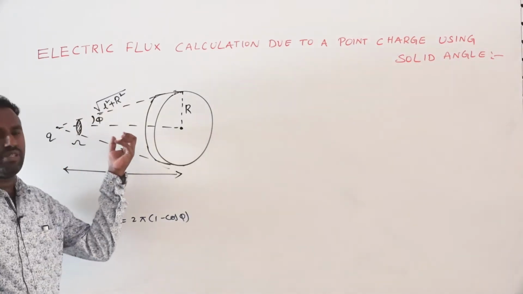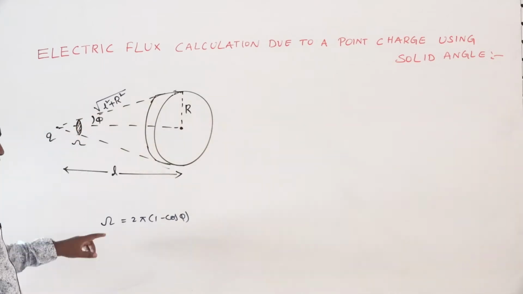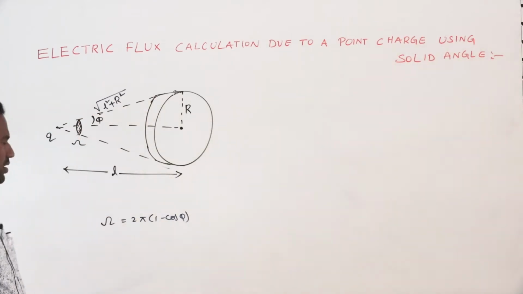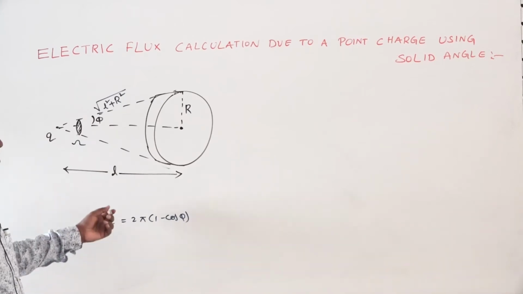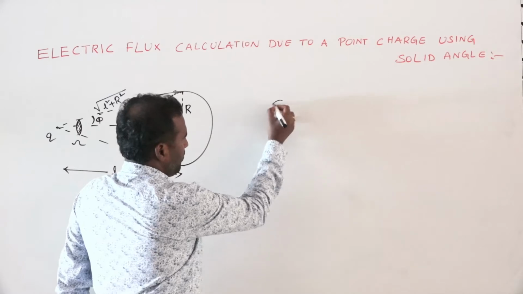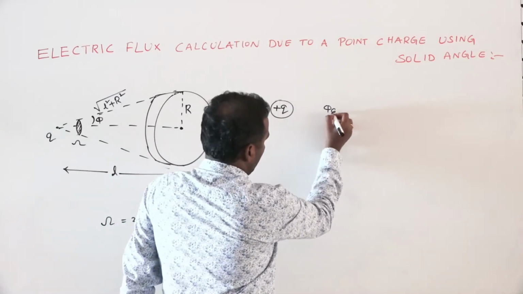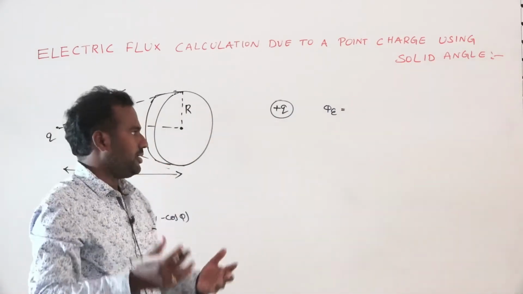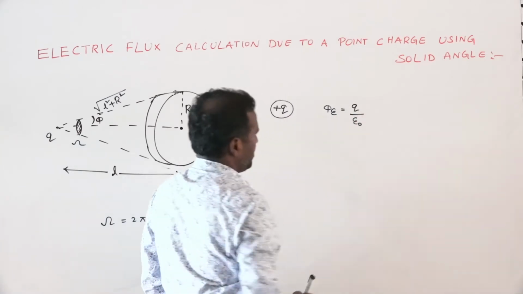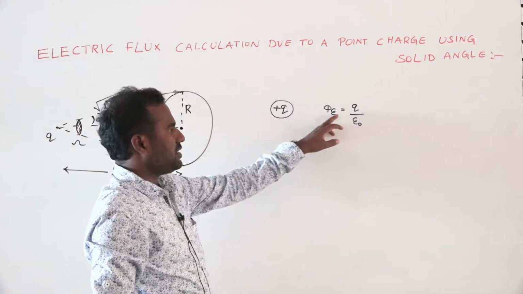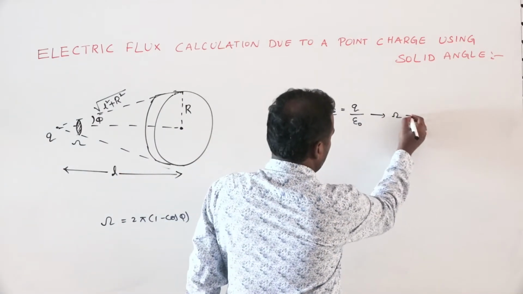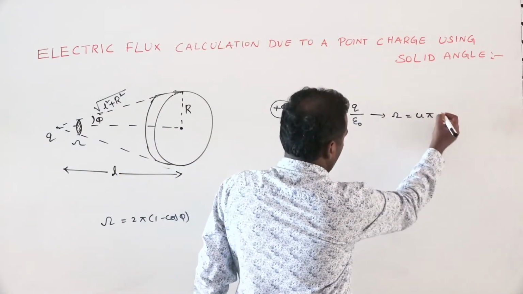As we know, the relation between a solid angle and the half angle of a cone is omega equals 2 pi into 1 minus cos phi. Here, as we know, for a point charge, the electric flux through a complete spherical surface is q by epsilon naught, and the solid angle in this case is 4 pi steradian.